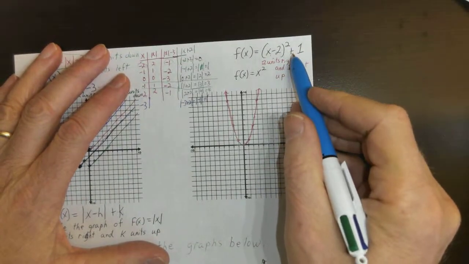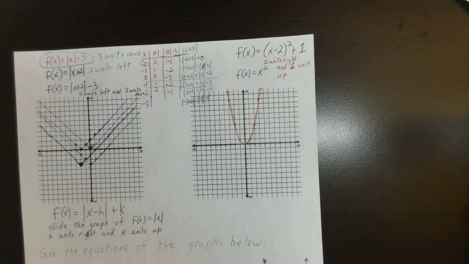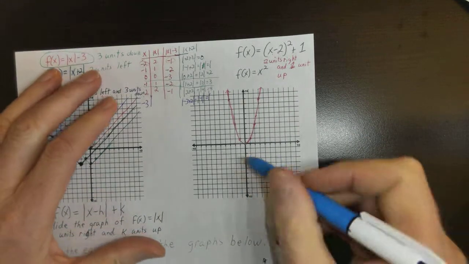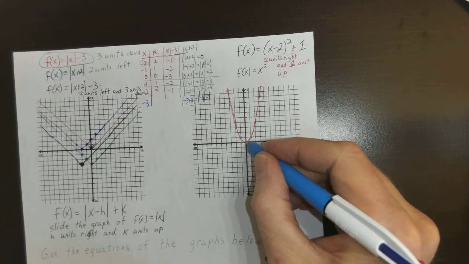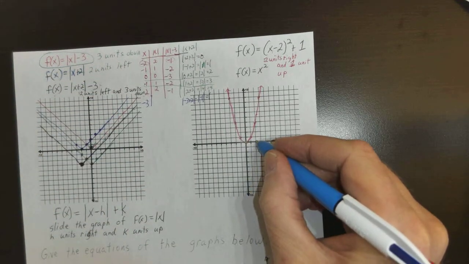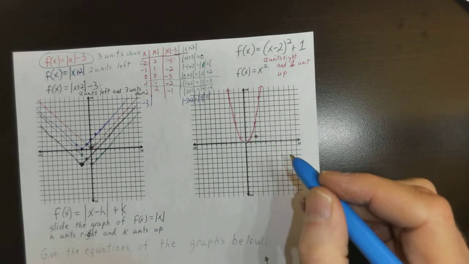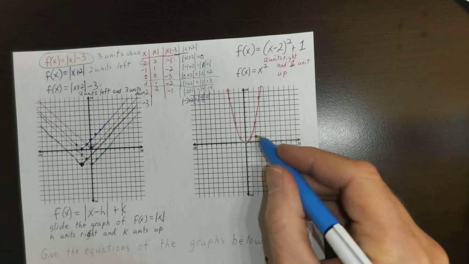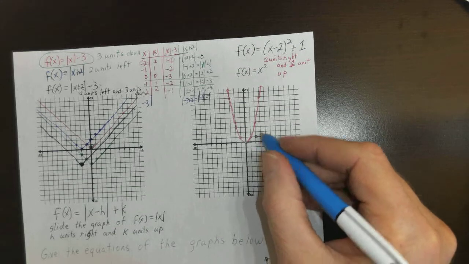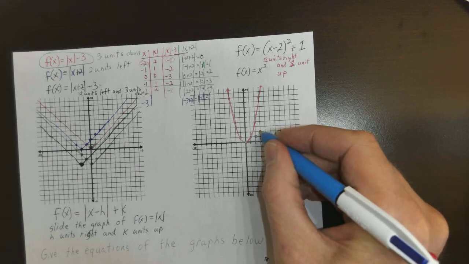I'm going to slide this 1 unit up. So, do this in black. I'm going to take the vertex here, go 1, 2 right, and 1 unit up, and there's my new vertex. I'll take this point, go 1, 2 right, 1 unit up, and there's that point.